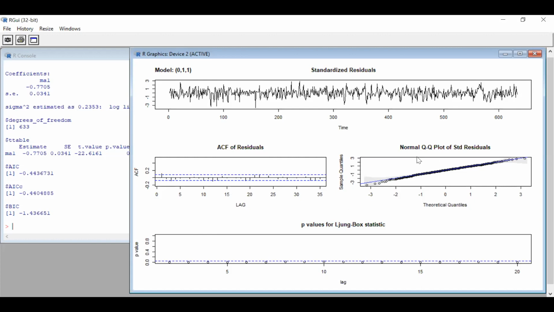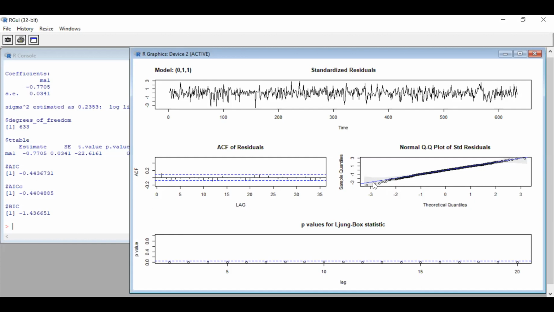And the third one is the normal QQ plot of the standardized residuals. Sometimes it's a PP plot or a QQ plot. It is the probability plot. In the middle, the blue solid line is exactly the normal distribution, and the circles are the residuals from the data.